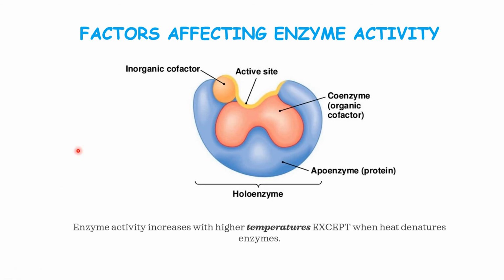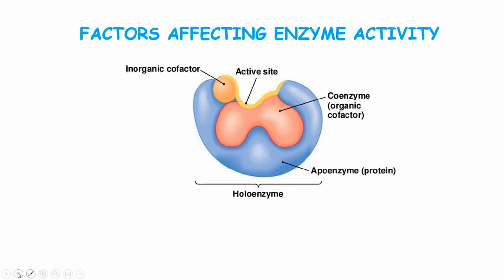First, enzymatic activity increases with higher temperatures. So the higher the temperature, the higher is the enzymatic activity. Kaso, kung yung heat, dinidenature na niya yung enzyme, syempre, babagal yung reaction. So the first factor is temperature.